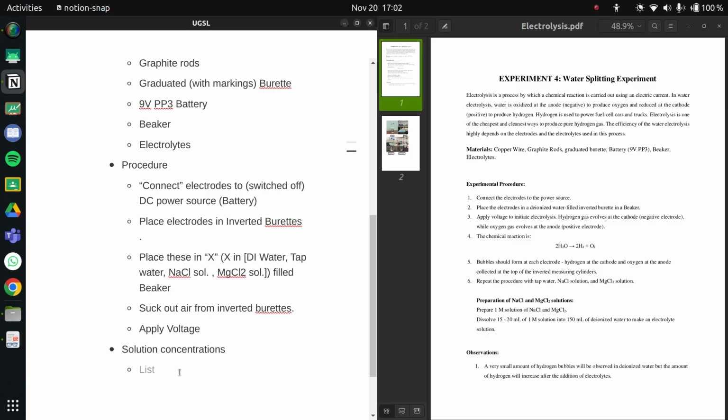So take 1 molar solutions of NaCl and MgCl2.